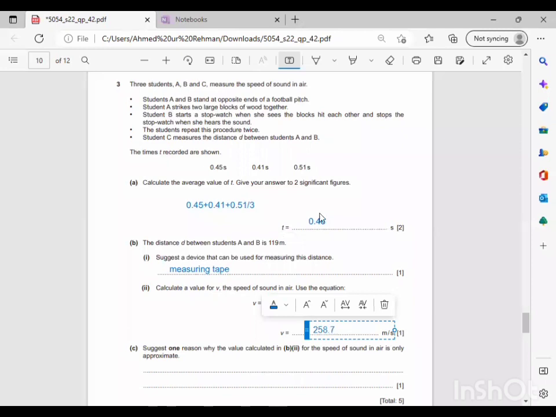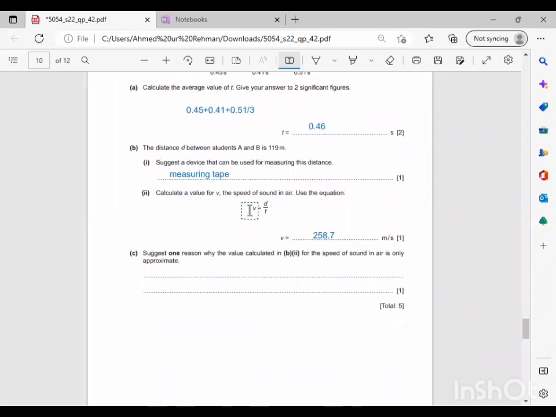So this can be my answer, right? What I did was divide 119 by this, and you need to write it down here. You're not going to get the mark unless you mention it, so I'm going to mention this.